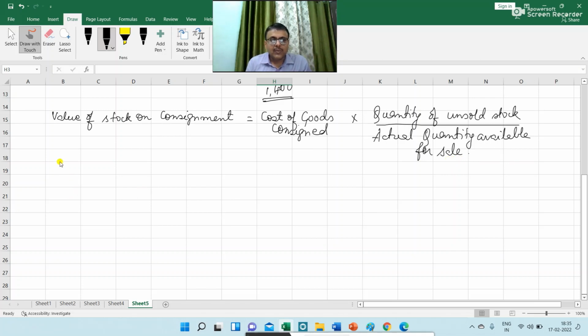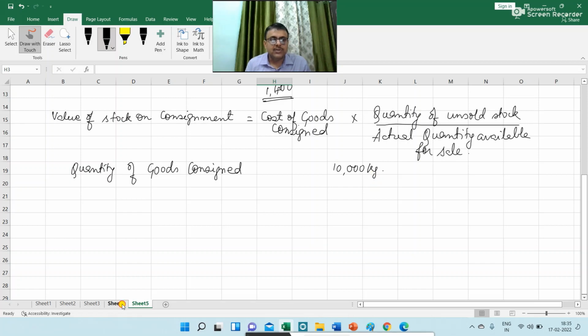Now, the first line I am writing is quantity of goods consigned. First you need to write quantity of goods consigned. So this is 10,000 kg.